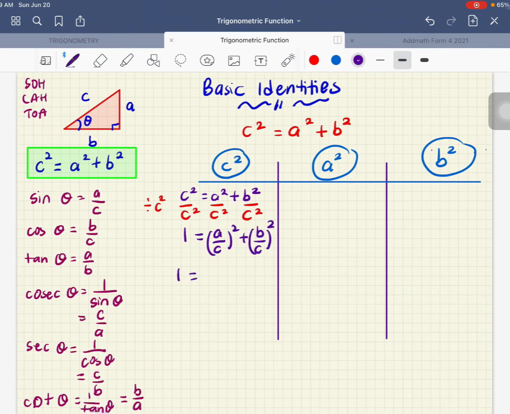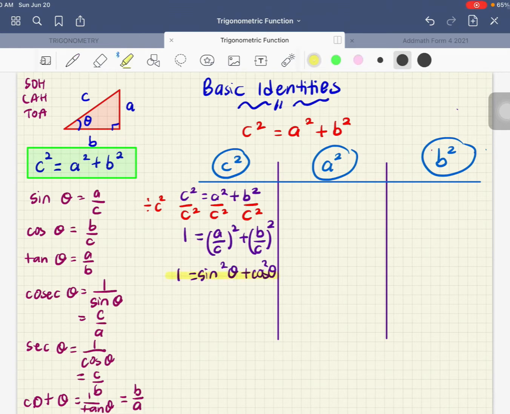Now A over C squared is actually sine theta, because it has squared, so I'm going to put sine squared theta, plus B over C squared is actually cos theta, so I'll get cos squared theta. Right, so that is our first identity.